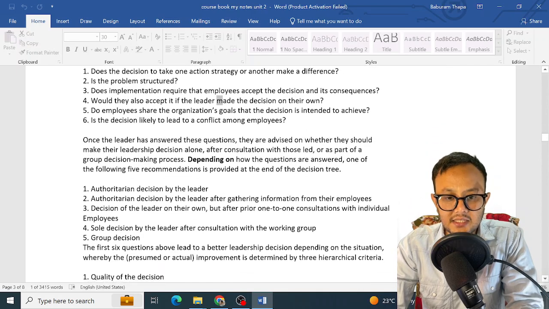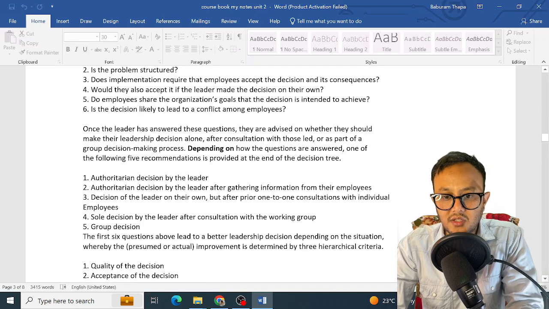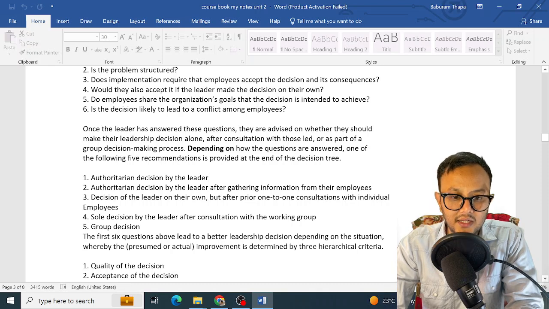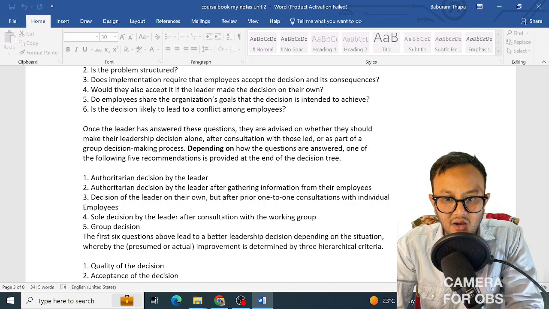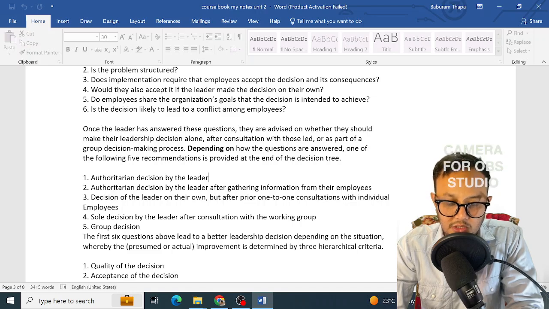Once the leader has answered these questions, they are advised on whether they should make their leadership decisions alone, after consultation with those led, or as part of a group decision-making process.